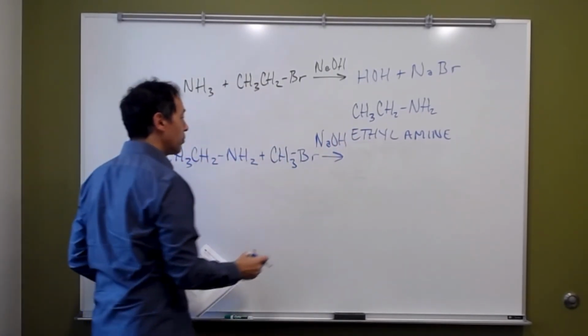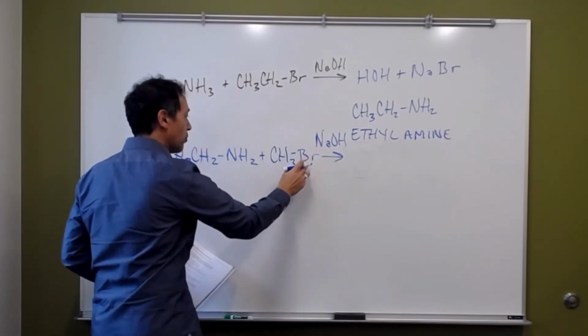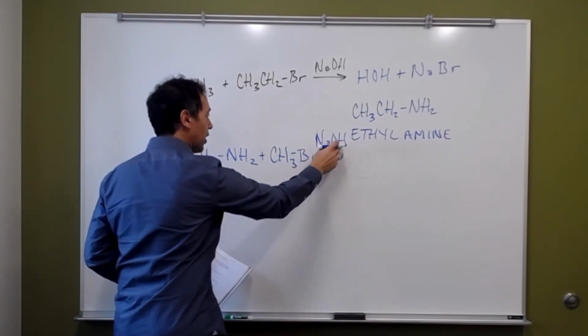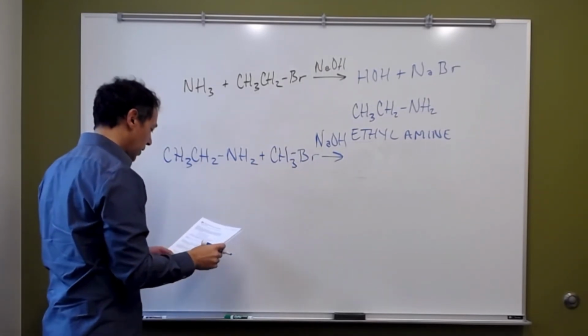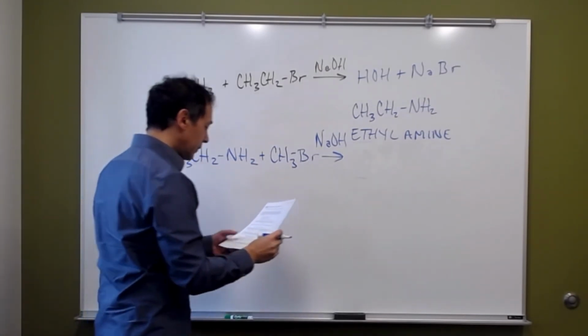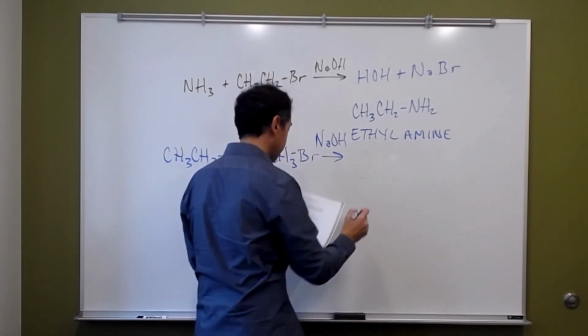We're going to end up bringing our sodium and our bromide ions together, and our hydroxide and the hydrogens together, and what we'll end up with then over on the other side is going to be a secondary amine.